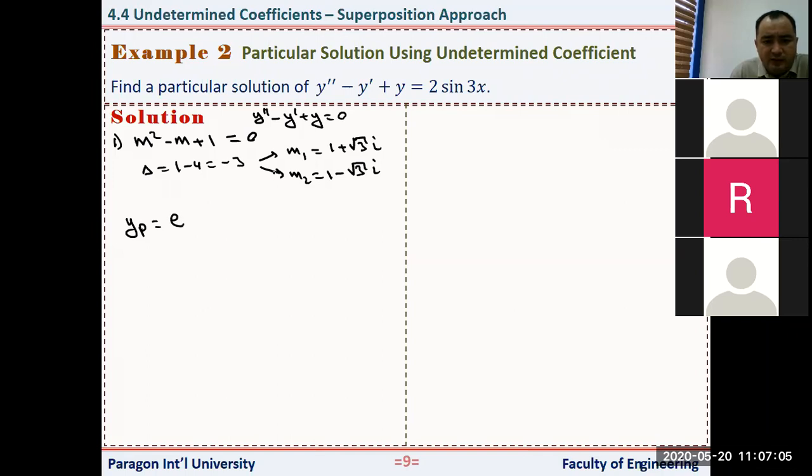It will be e to the power x, because of this, times, and here we have, maybe I should write c sub 1, not a, we are going to use a later. So c sub 1 times cosine of square root of 3x, plus c sub 2 times sine of square root of 3x.